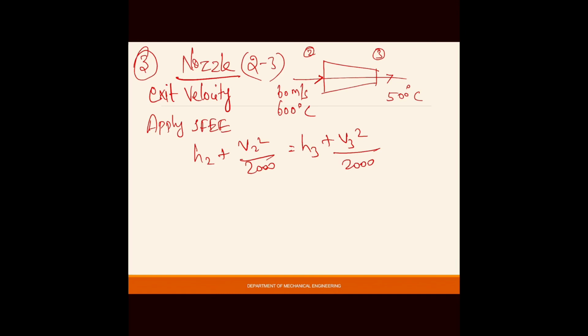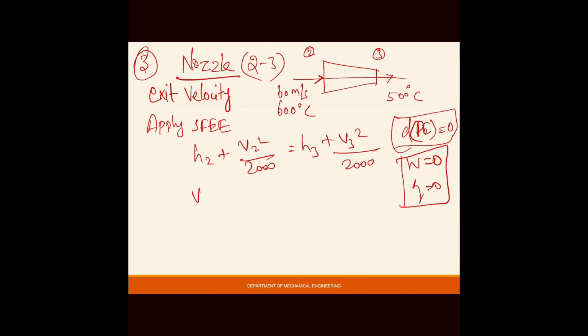Here also the change in potential energy is negligible, so I consider it 0. Here no work done, here no heat transfer, because the nozzle is considered a non-work device.